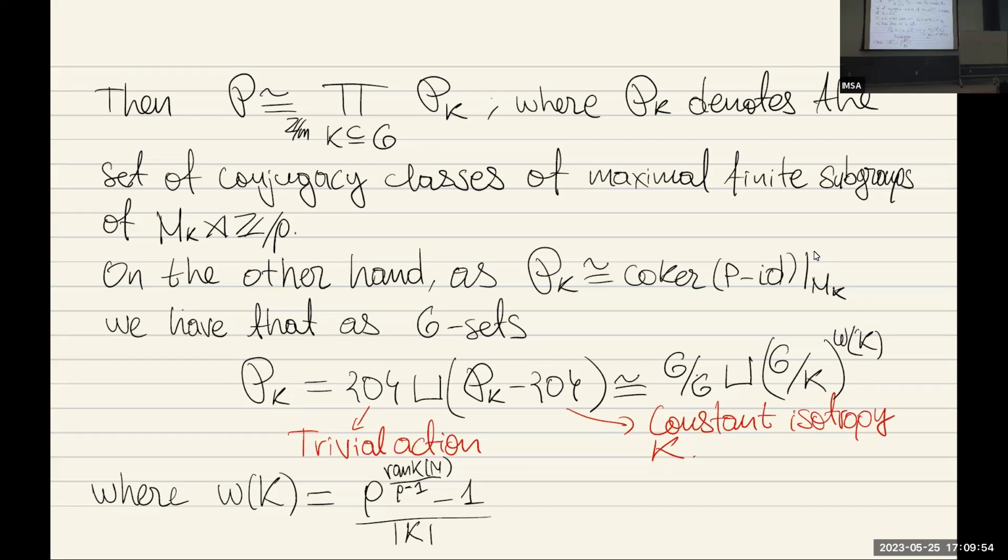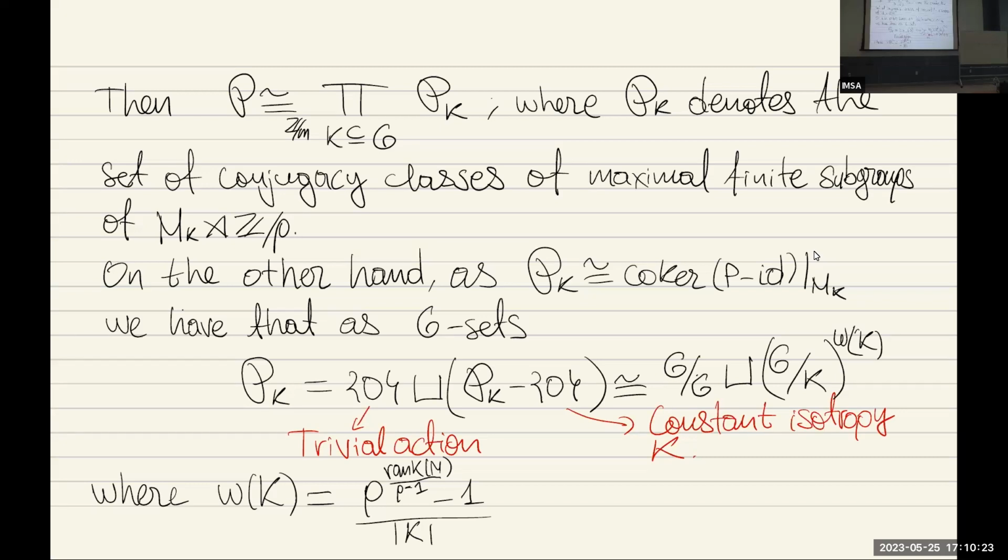Then this implies that the set PK can be decomposed as a union of orbits. One orbit with trivial action, the orbit corresponding to the group generated by 0, T. It is the conjugacy class of the group generated by 0, T, and the other ones.